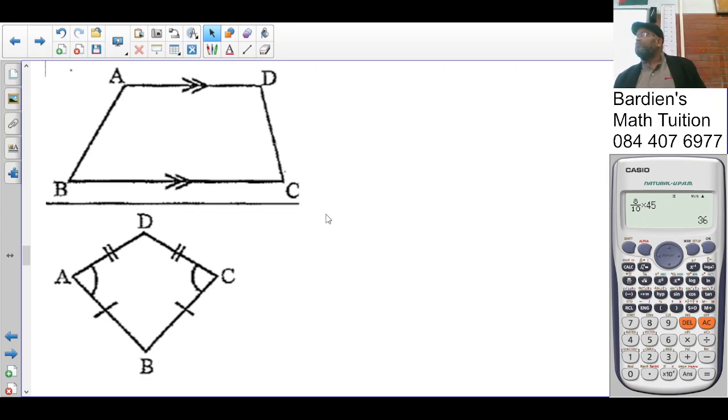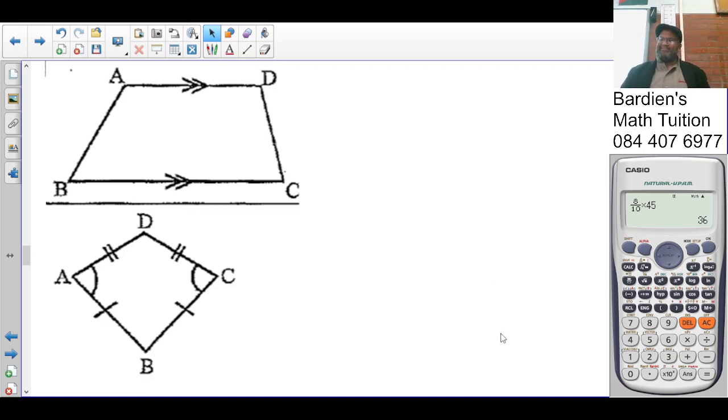One pair of opposite sides is parallel in a trapezium.